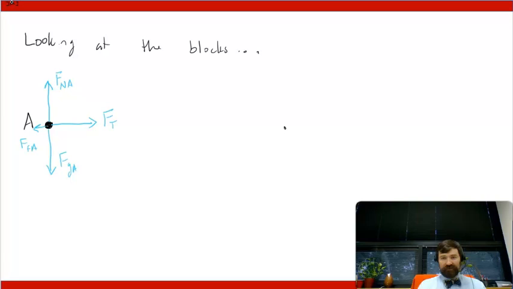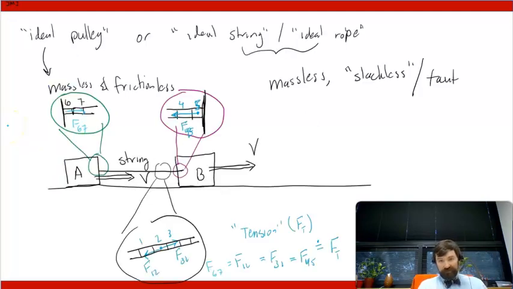And if we look at the other block, the one on the left, the one that we've labeled B, recall that we said there is a force being applied to the system. We could call this force pull, or force P for pull.